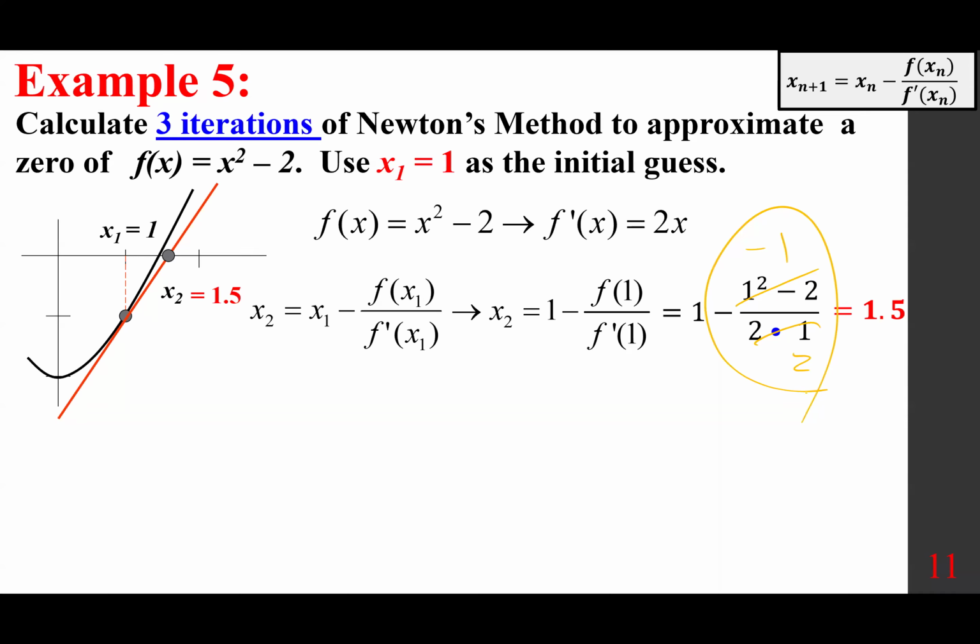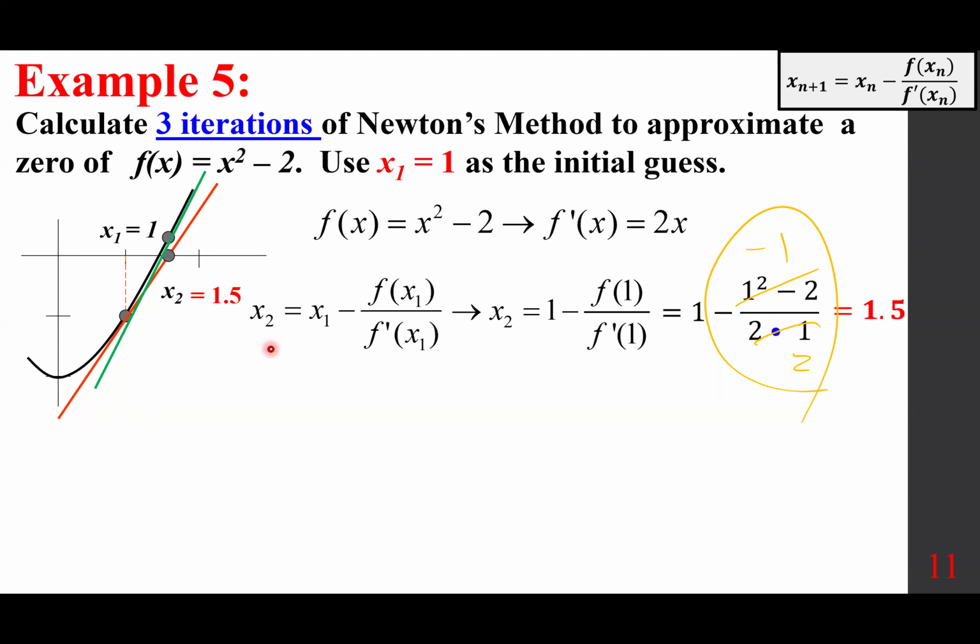So at 1.5, if I draw it, so 1.5, somewhere here, and then you draw a tangent line. Notice the green one is hitting the x-axis very close to the actual root. So again, with this one, we're going to say now this was x sub 2.